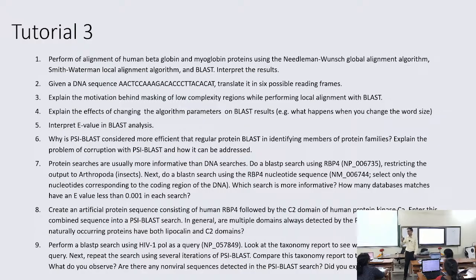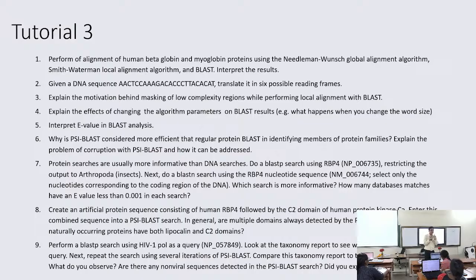Okay, I will say the definition of e-value again. The e-value is the number of hits with a score S or greater in the database search that just happened by random chance.